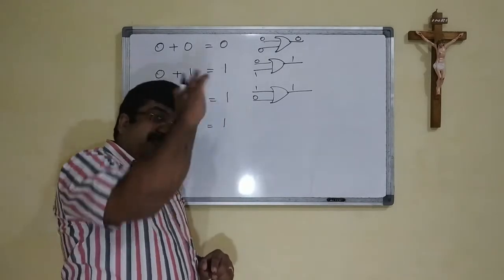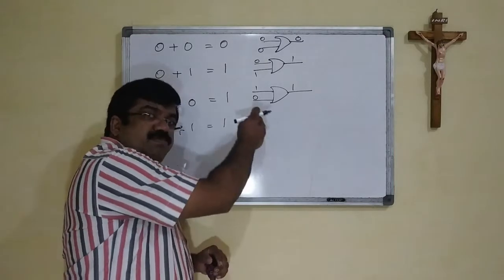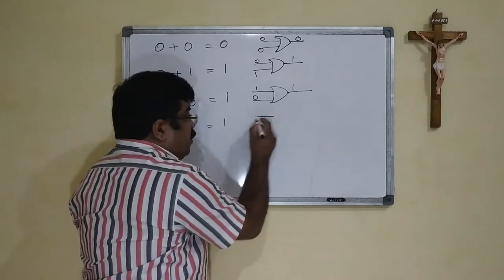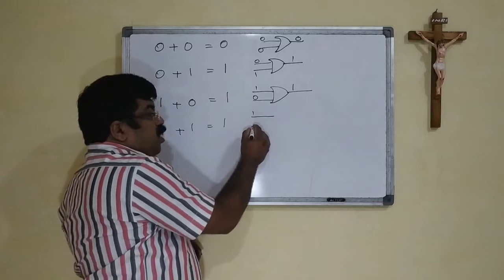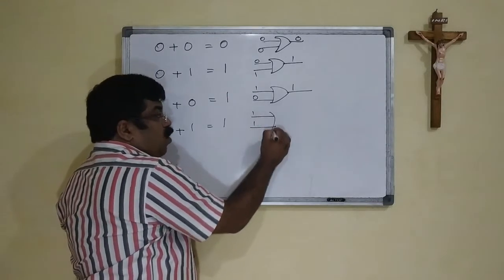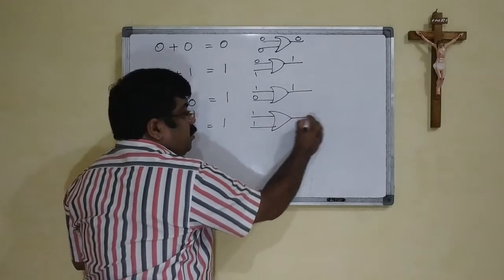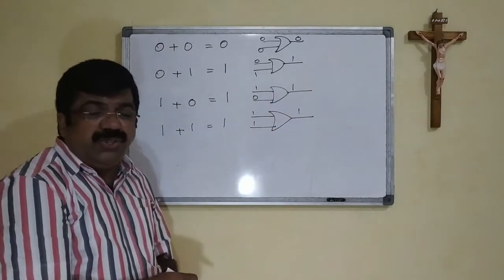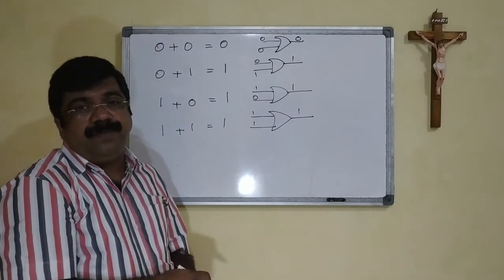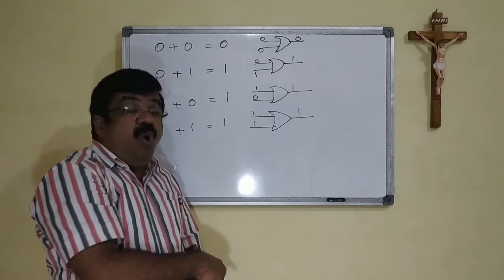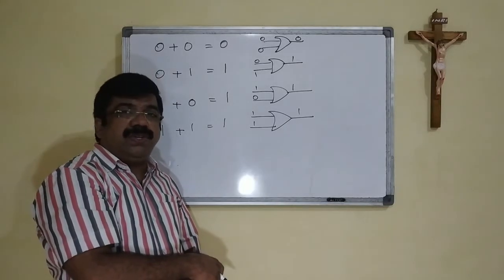This is what we have studied earlier. Now the same thing is given here. We have the first one as 1, the second one is also 1. When they go through the OR gate, the same output is produced, that is 1. So these are the OR relations.